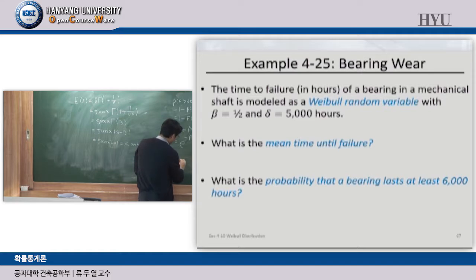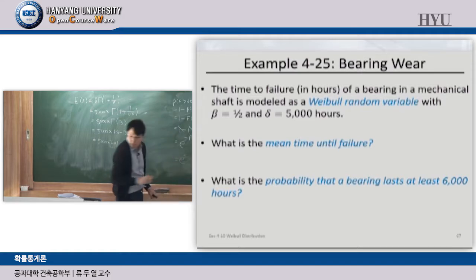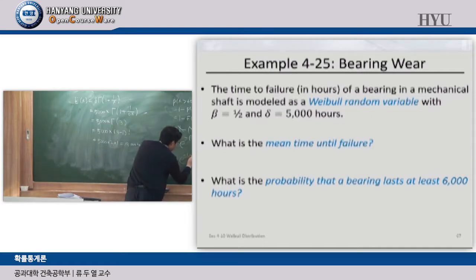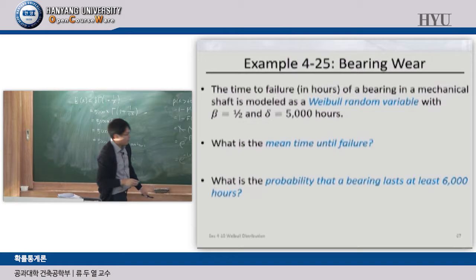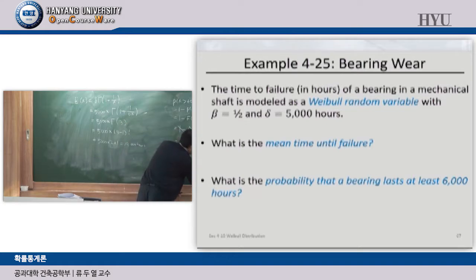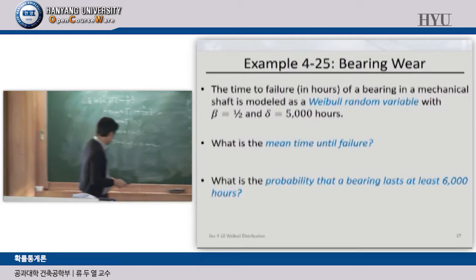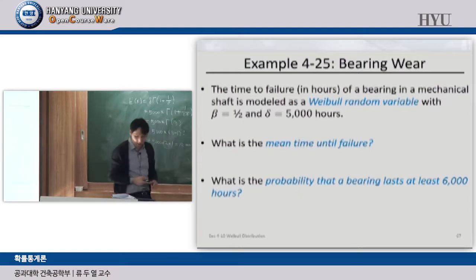So this is equal to the exponential minus 1.095. If you calculate this value, you can obtain this one. And the answer is 0.334. Okay? So, based on the Weibull distribution, we can solve this simple example.